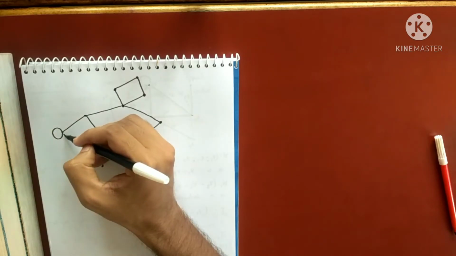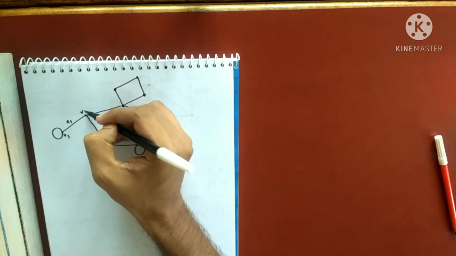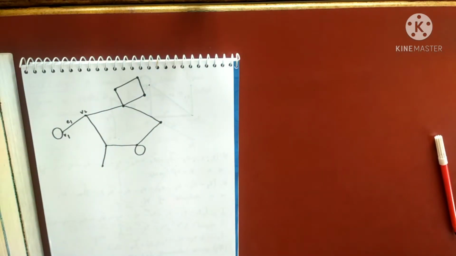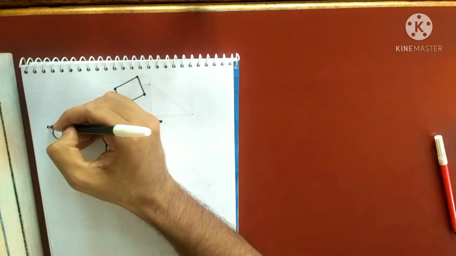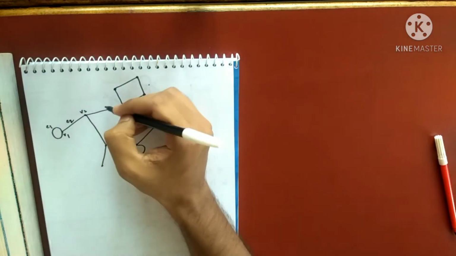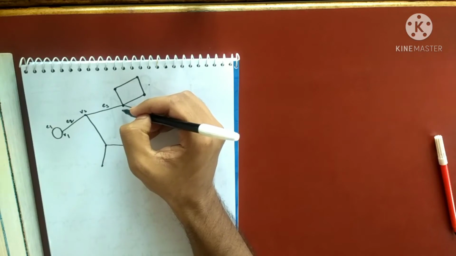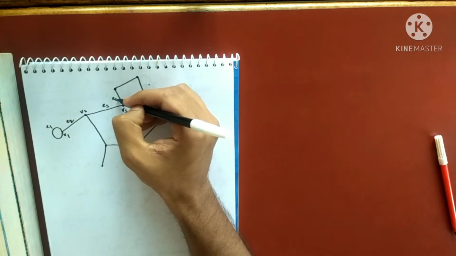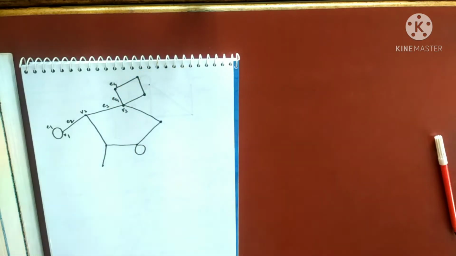So this is V1, this is E1, this is V2. Then this is E2, V2, E3, this is V3, E4, and suppose this is V4.